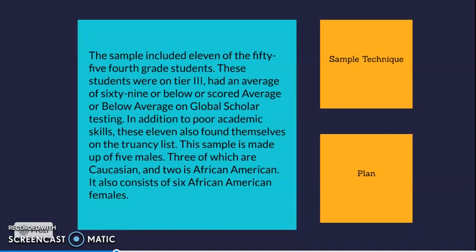In addition to poor academic skills, these 11 also found themselves on the truancy list. This sample is made up of 5 males, 3 of whom are Caucasian and 2 are African American. It also consists of 6 African American females.